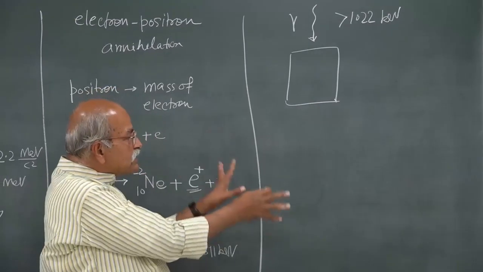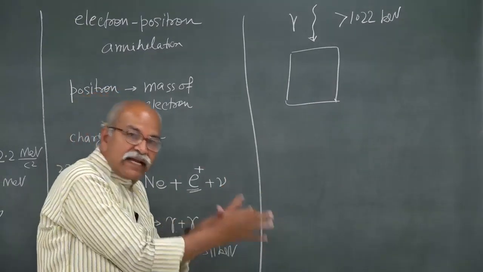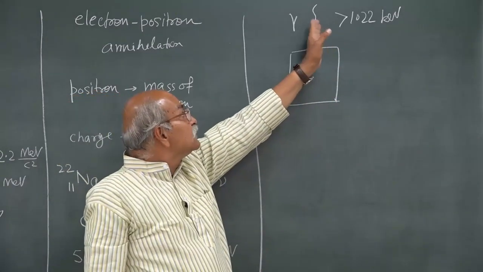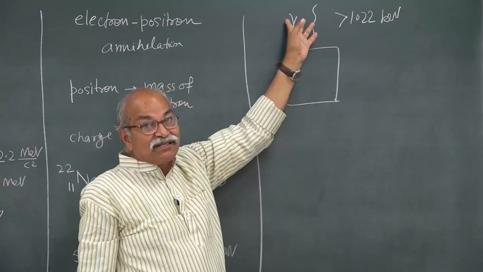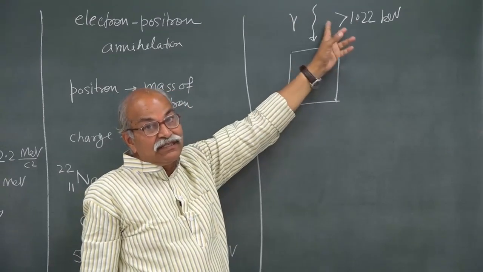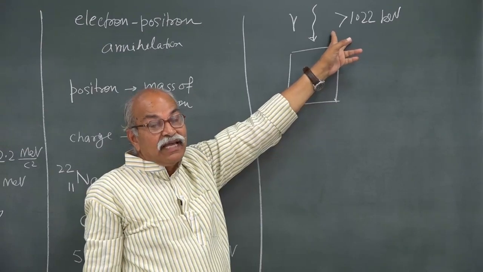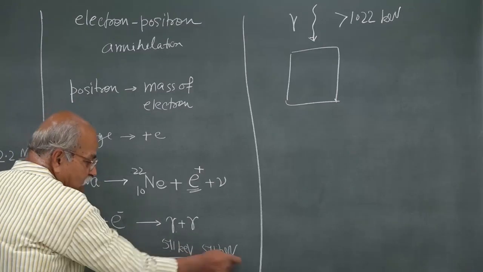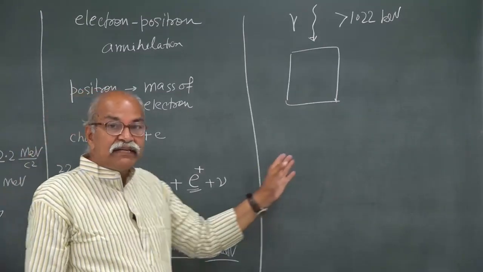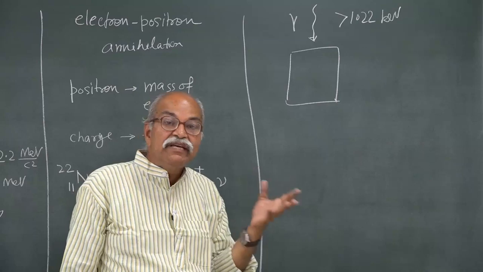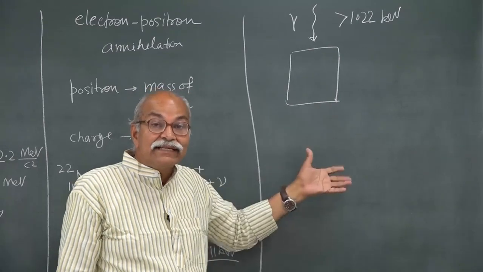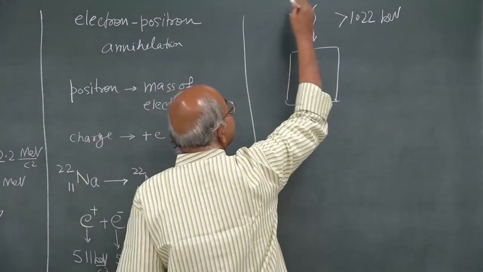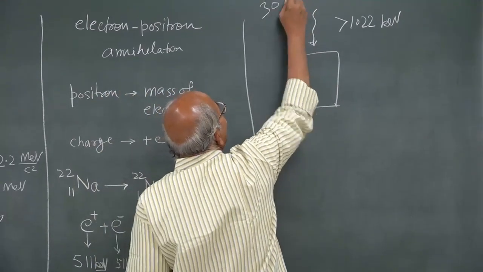then the detection system detects photons which are this much less than the original energy. So, this energy has been lost somewhere, and the detection system also detects photons of energy 511 keV. Suppose your original is, let us say, something like 3022 keV.